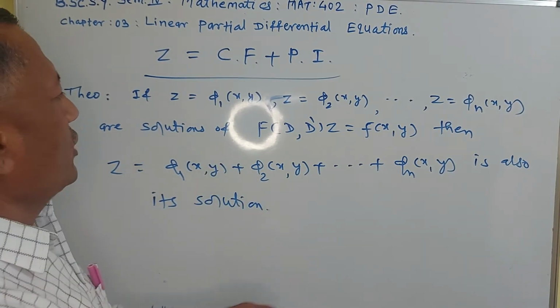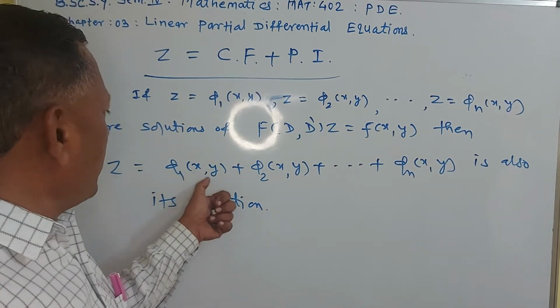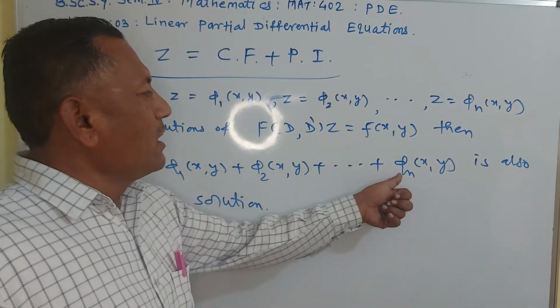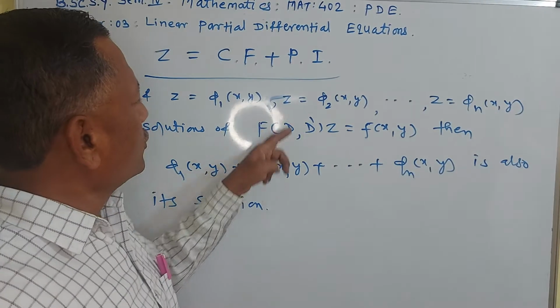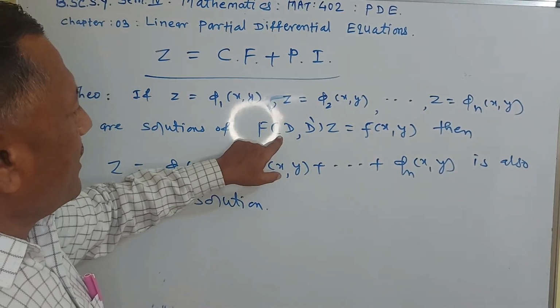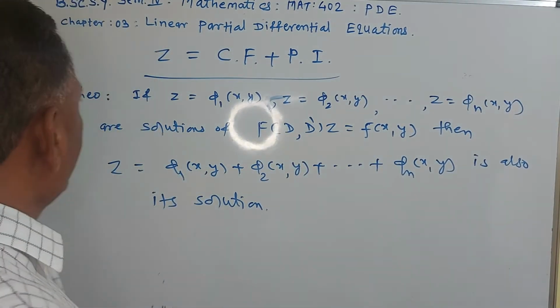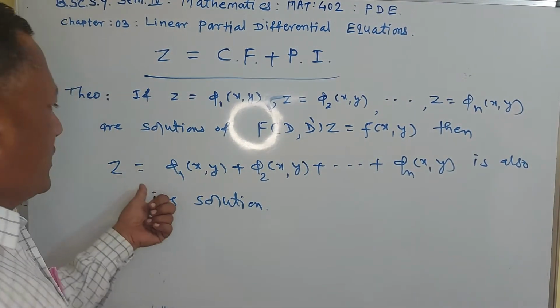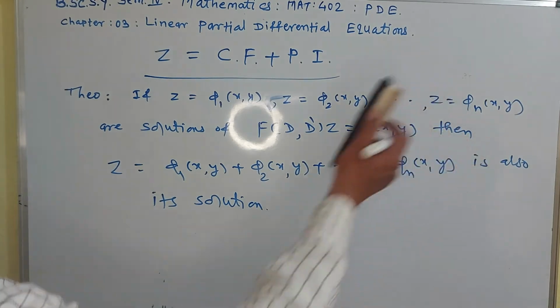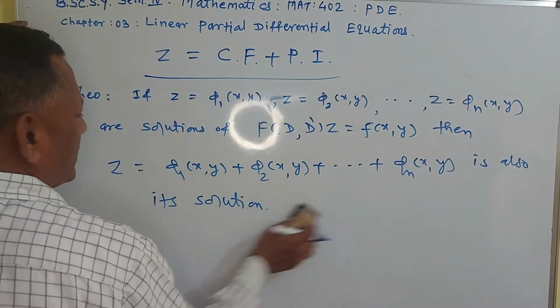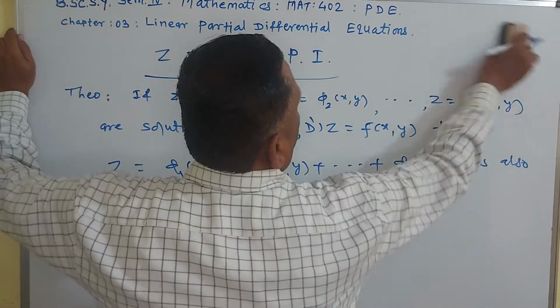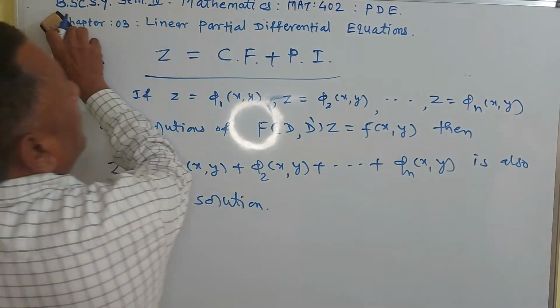Is also its solution means z equal to phi1 plus phi2 plus phin is also a solution of this equation f(D, D') operated on z equal to f(x, y). So using this we find lastly the general solution. The proof is not of interest.